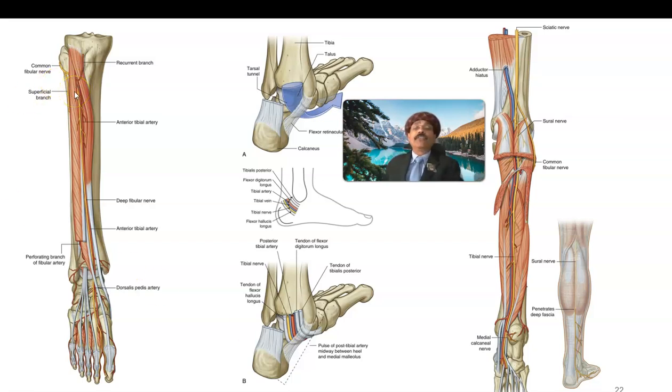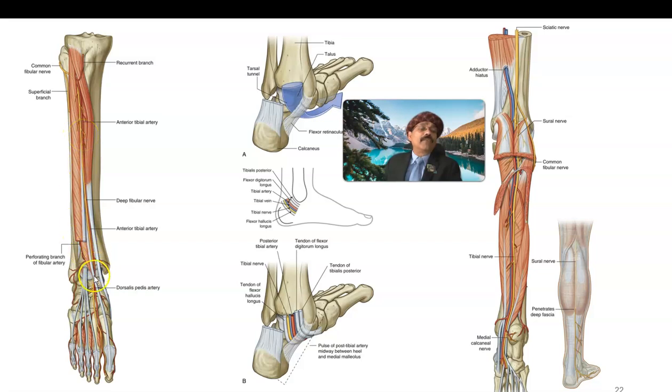These are the muscles on the anterior side of the leg. This is the tibialis anterior muscle. This is the extensor hallucis longus, extensor digitorum longus. Between these two muscles, we have the deep fibular nerve and the anterior tibial artery.